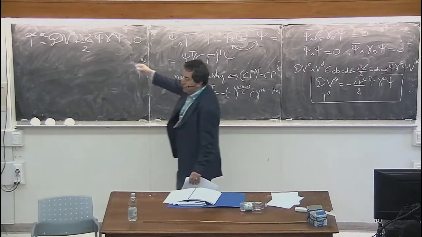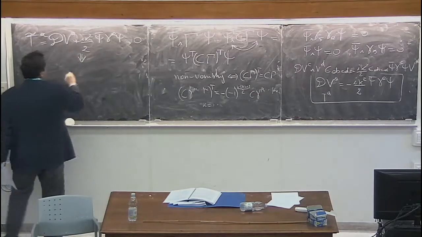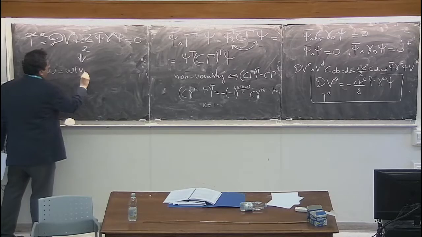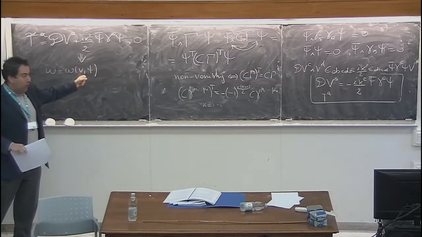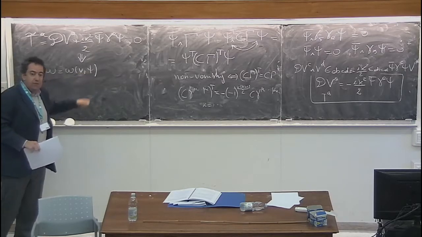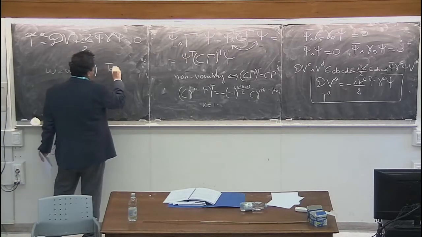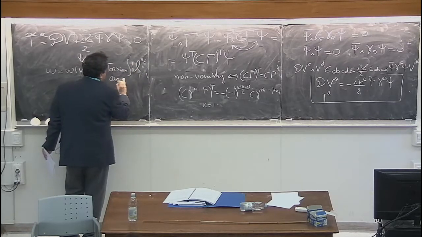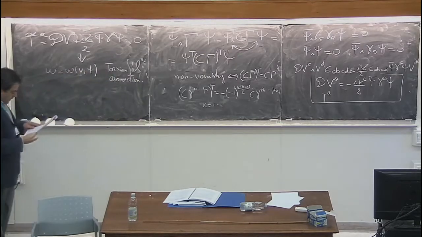Okay, this is 0. This is an algebraic equation for omega, which allows us to express omega in terms of all the other fields. But you see, now we have a torsion. Omega is not only a function of V, the vierbein, but also a function of psi. So this is a torsionful connection.